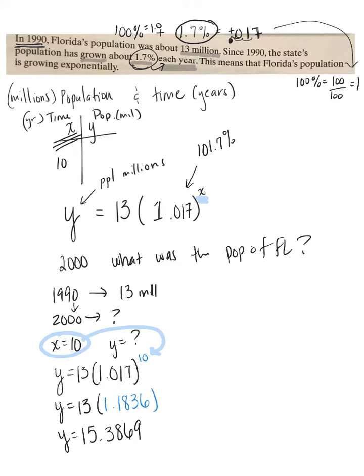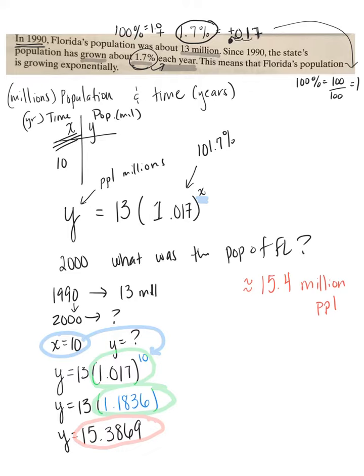And then remembering your order of operations, you did this whole thing first, which gave you this answer. And then you multiplied that by 13 to give you your final answer. So what was the population of Florida? Roughly 15.4 million people. That's about a 2.5 million increase in 10 years. Pretty substantial, even though that percentage looked pretty small.